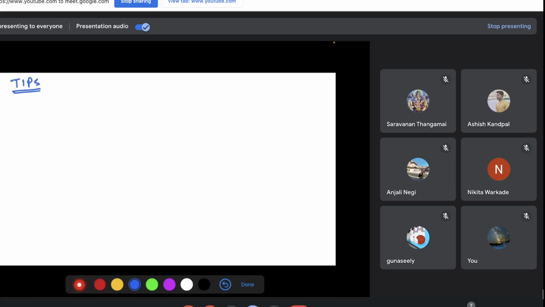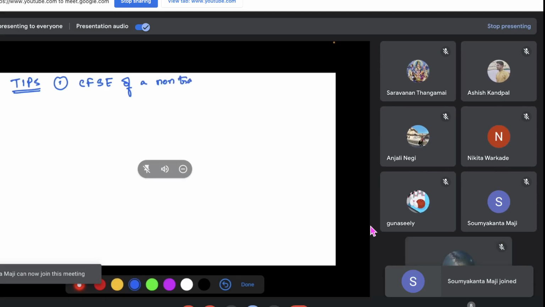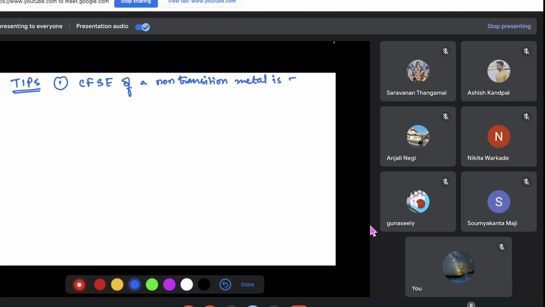Let's note some tips. Number 1, the CFSE of a non-transition metal is 0.